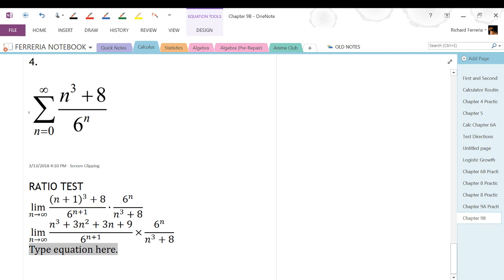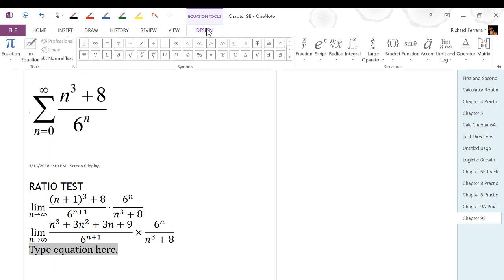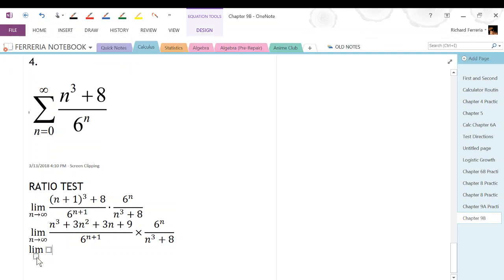Okay, so we have that. The 6 to the n's all cancel except for the 6s, right? Yep. Okay, so what do we have then? Same limit. N's going to approach infinity again. What's this going to be then? It's going to be n cubed plus stuff.